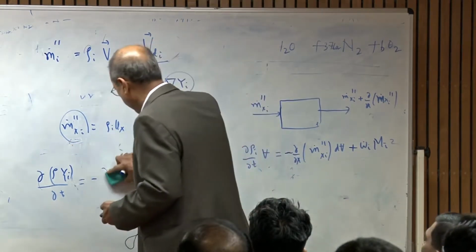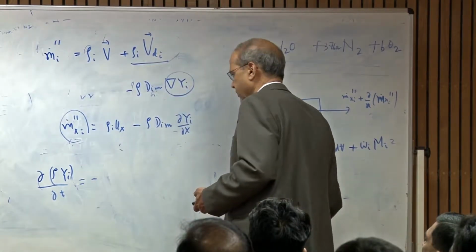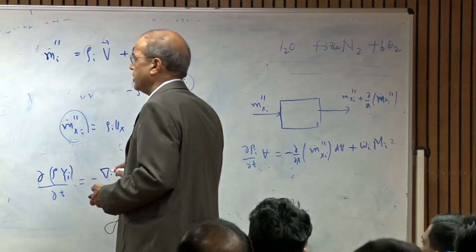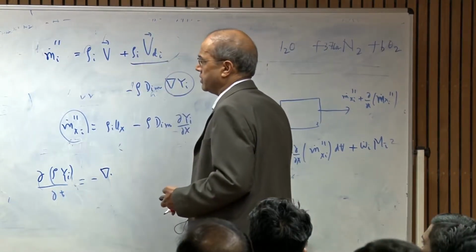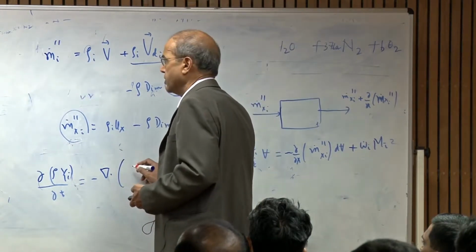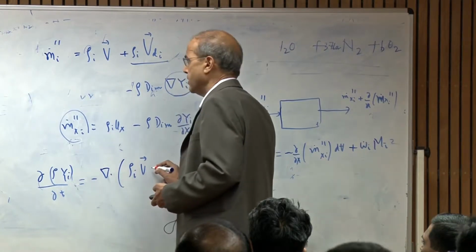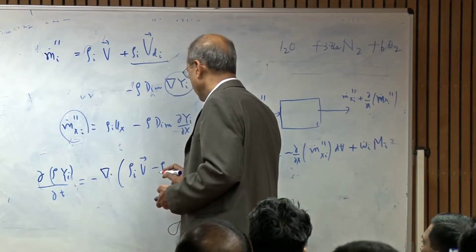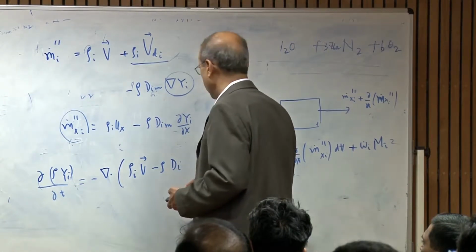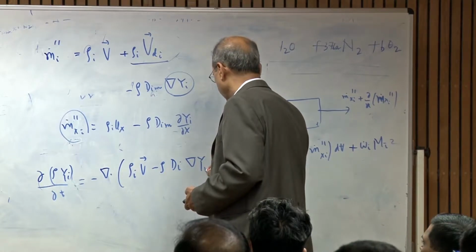So let me just write the vector form first, and then we write it for the jet flame. So this is the divergence of that vector, which is rho I vector v minus rho di, and then the gradient of yi, correct?